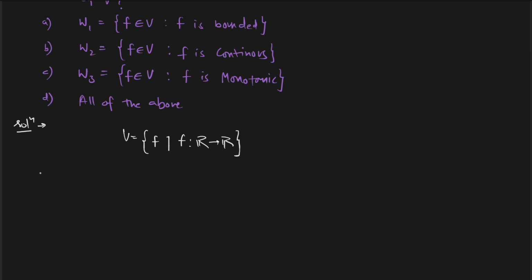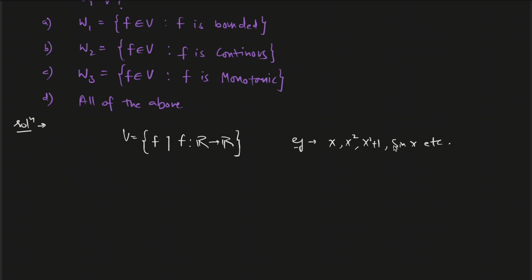So, for example, V will contain functions like x, x square plus 1, sine x, etc., because all these functions are from R to R, right? So the space of all such functions is V. So it's a pretty huge vector space which contains all the functions mapping from R to R. All right. Now we will go one by one.